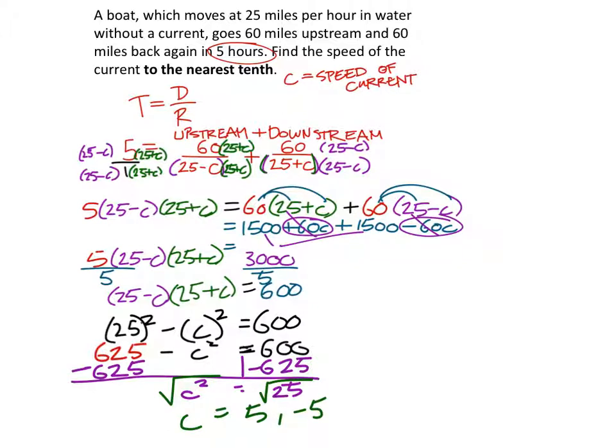Now, since we're talking about speed of a current, that's C, which is what we just solved for, we wouldn't really be talking about speed in terms of negative. I mean, maybe if we're talking about direction, perhaps. But 5 will do for that. So it appears that the speed of the current is 5 miles per hour.